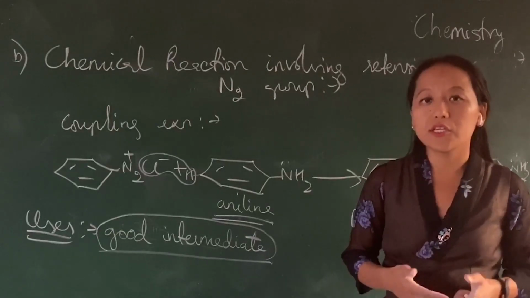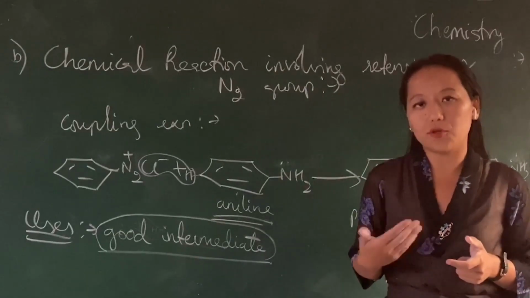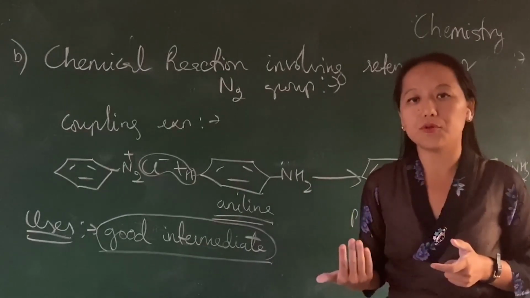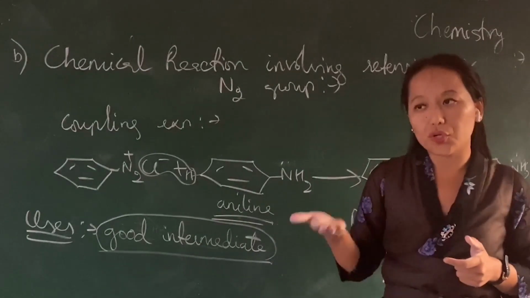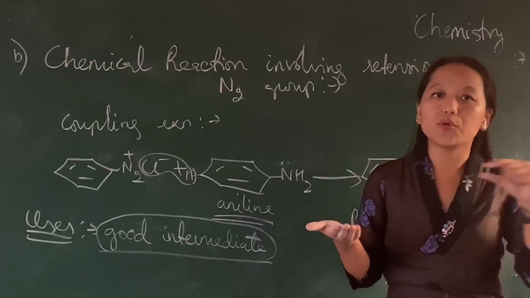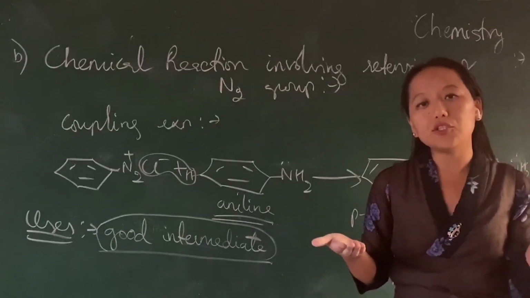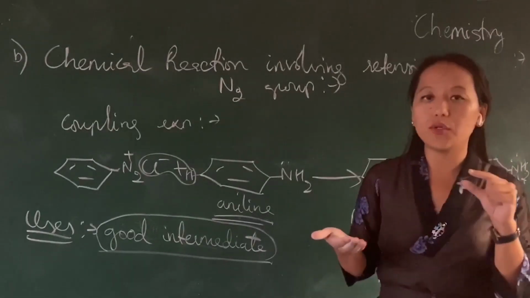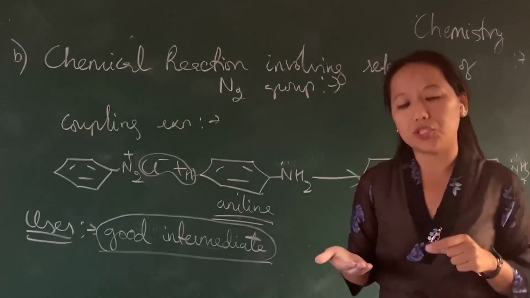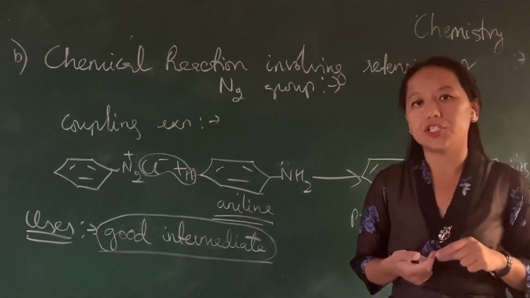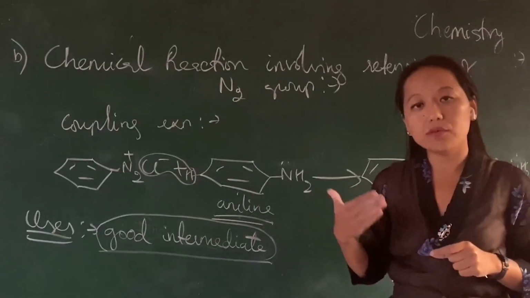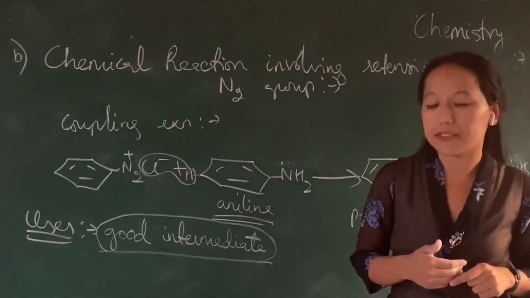Diazonium salt introduces groups like fluoride or chloride, acting as a fluorinating or chlorinating agent. Diazonium salt acts as a good intermediate.